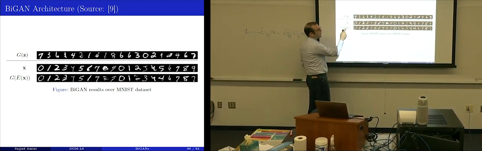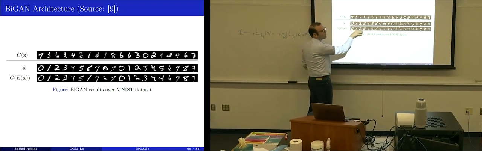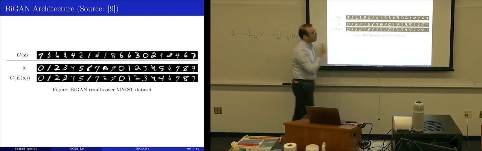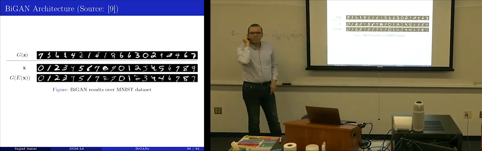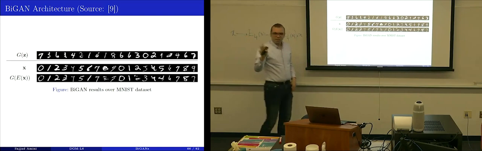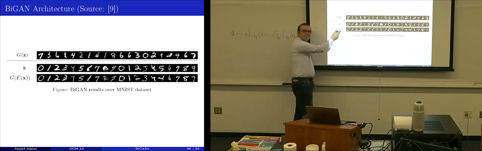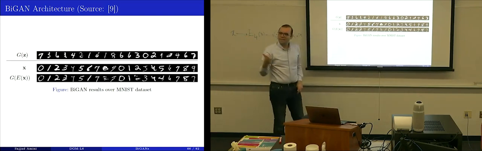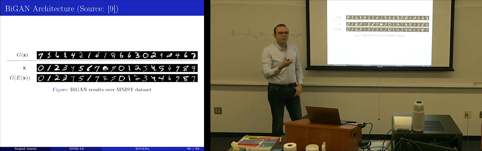You pass it through your E, and then you pass it through G again. And hopefully you see a similar image. But now you have E of x, the latent representation corresponding to x coming from the true data distribution. So you have latent representations for your dataset samples, which was missing in the original GAN. Okay?